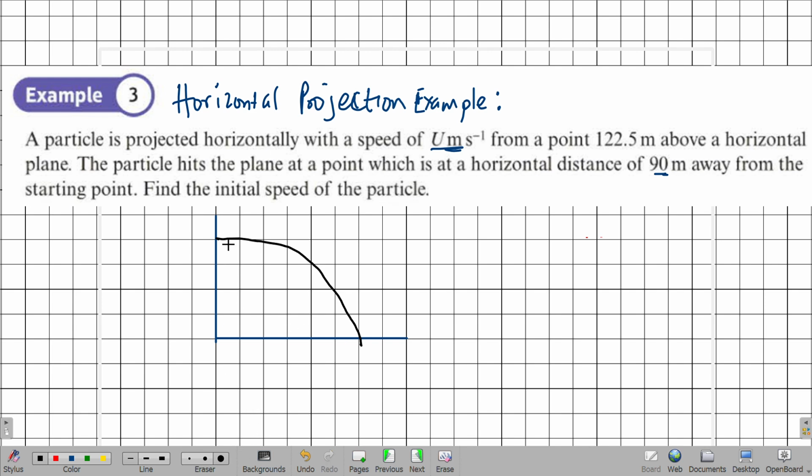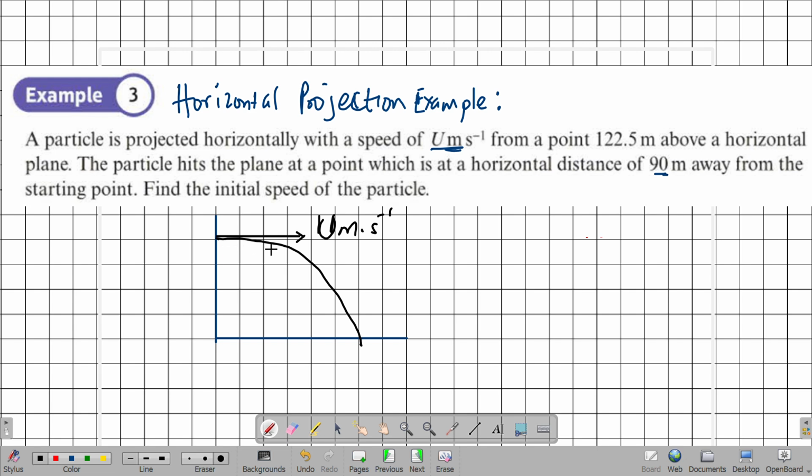So it is projected horizontally, so there is a force that pushes it in the horizontal direction this way, and as it is going horizontally, it keeps going at a speed. It doesn't change its speed horizontally because there is no force of friction or air resistance stated in the question.